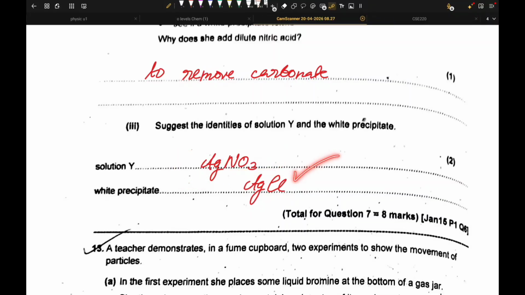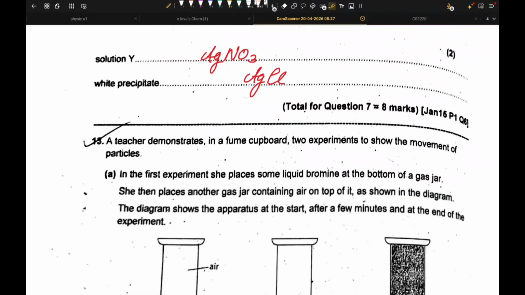So eventually we will get silver chloride, which is a white precipitate, and this proves the presence of chloride ion. Now, if it was not a white precipitate and maybe it was a yellow precipitate, that means it is iodine. So we will also learn the colors of precipitates that tell us what type of precipitates they are.